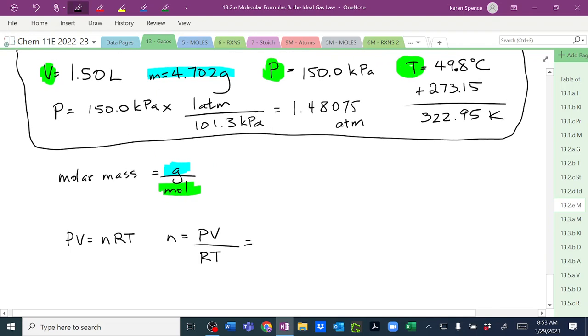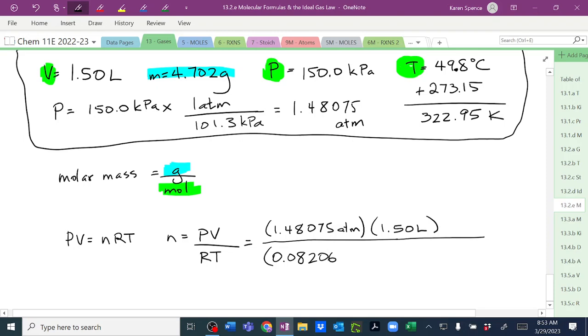So now we take pressure, 1.48075 atmospheres, times the volume, 1.50 liters, over R, and the value for R in atmospheres is 0.08206 liter atmosphere per mole, or mole to the -1, per Kelvin, Kelvin to the -1.